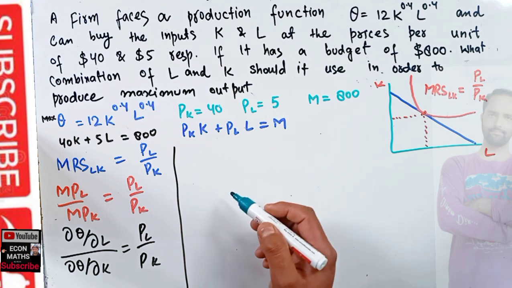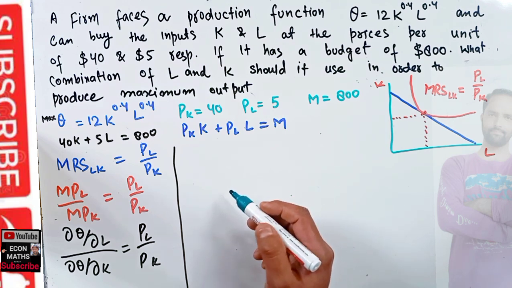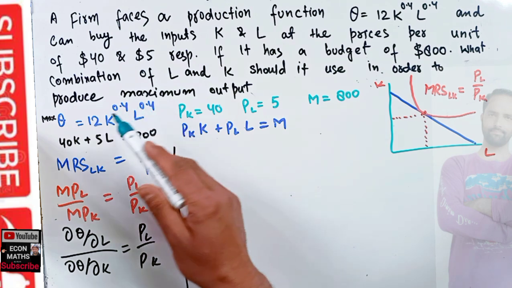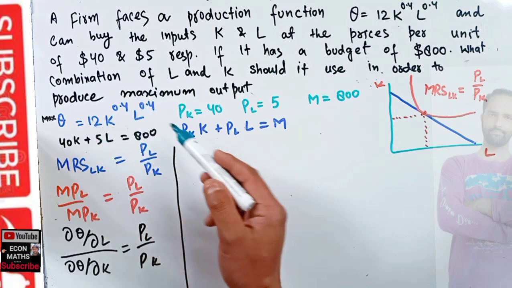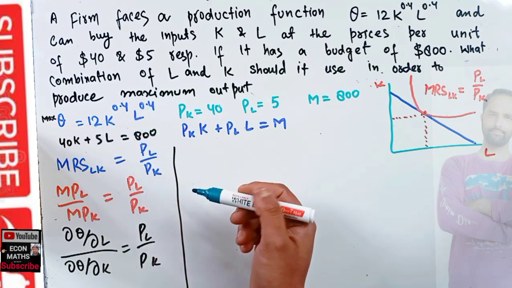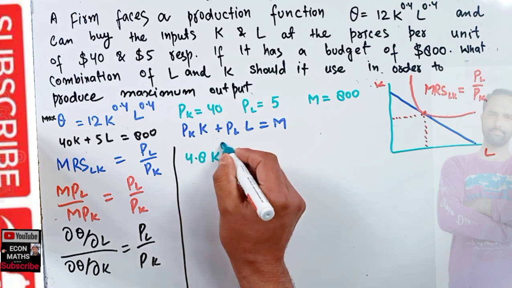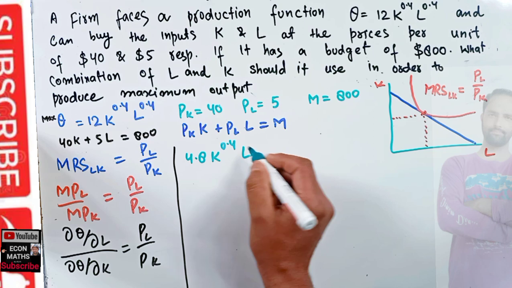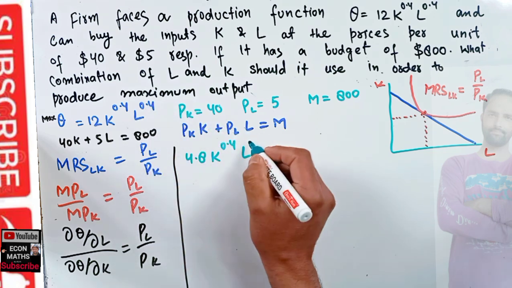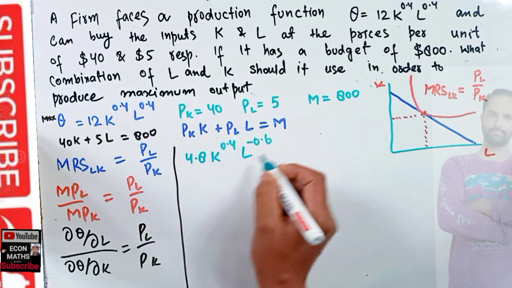So 0.4 becomes the coefficient and gets multiplied with this 12, so 0.4 into 12 becomes 4.8. K to the power 0.4 will remain the same. L to the power 0.4 will be subtracted by 1, it will become minus 0.6.